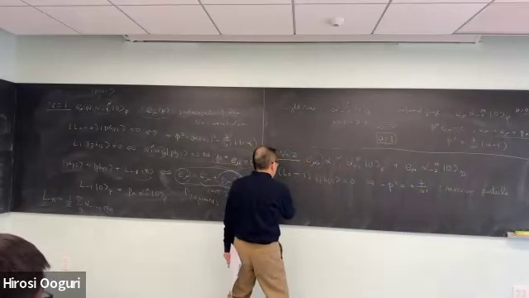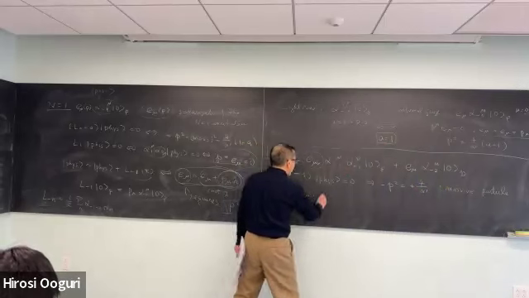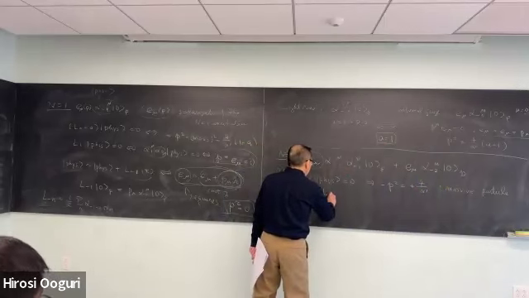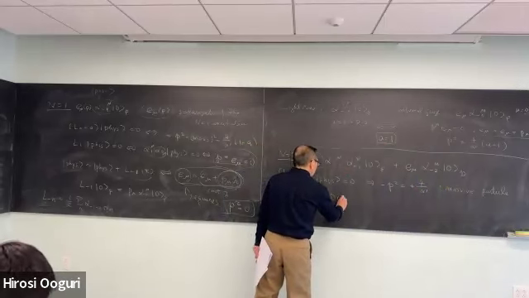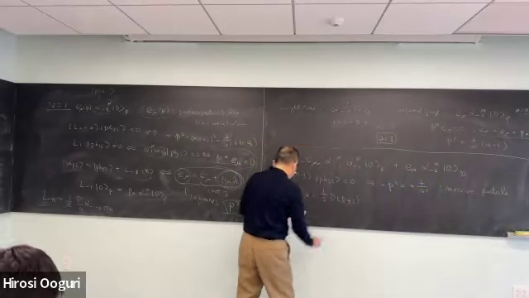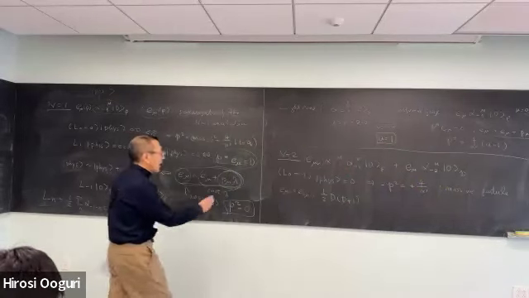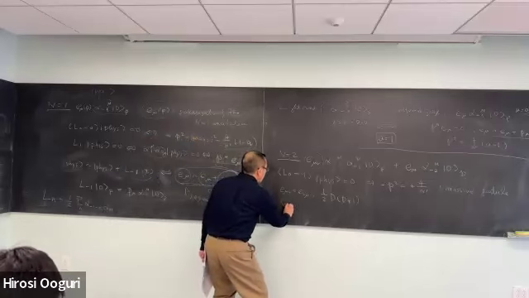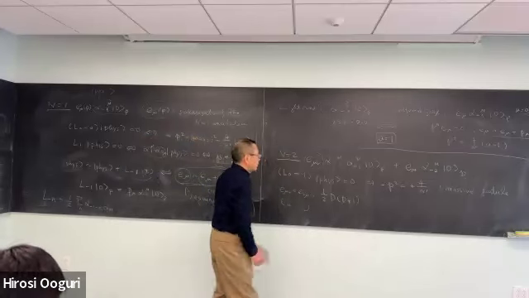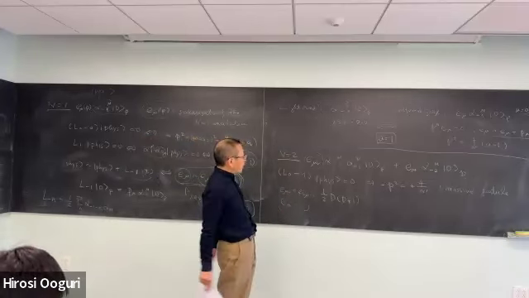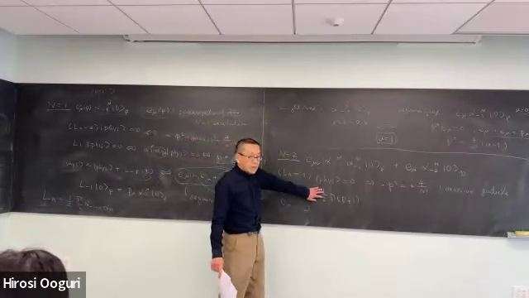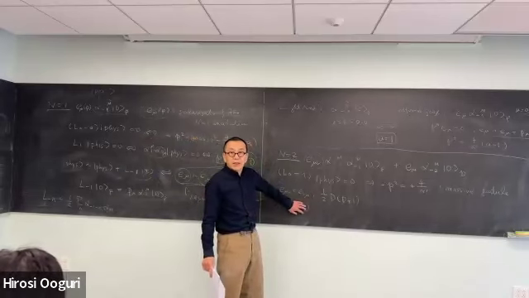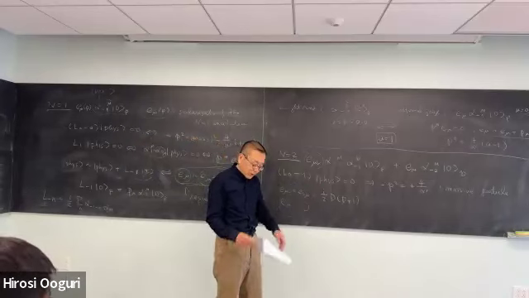So that means that E mu nu is E nu mu. So the number of linearly independent components has to be half of D times D plus 1. Right? And E mu has D components. So before we impose any conditions, the number of degrees of freedom of the second excited state is the sum of these two numbers.